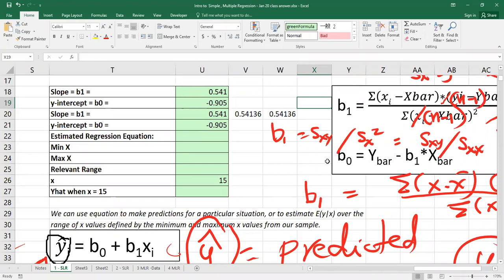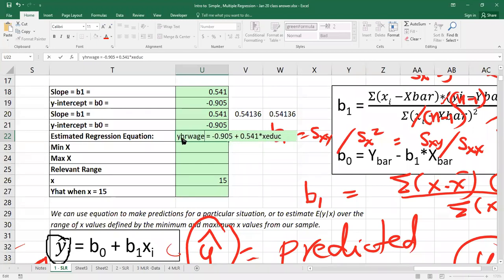Okay, so our estimated regression line will be equal to y is equal to negative 0.905 plus 0.541 times x, education, y, wage.